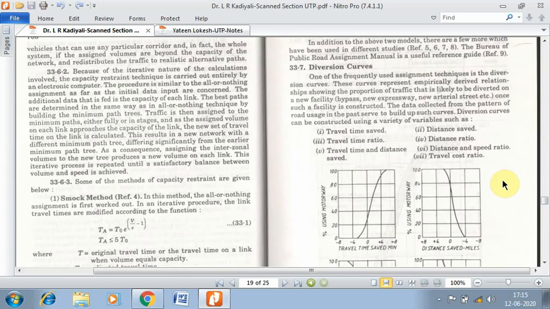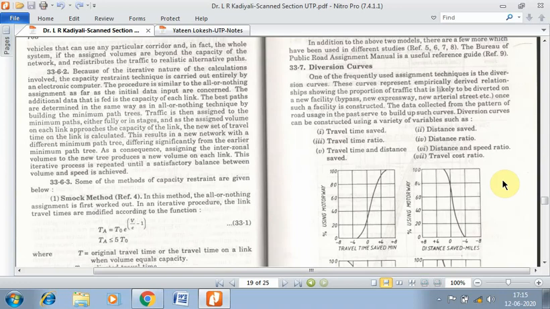Now once the bypass is constructed, obviously a major chunk of the traffic volume would want to go in a much more comfortable way, and they would prefer going through the bypass rather than the existing old street. So to find out what percentage of the existing traffic might be diverted, you have this particular technique.